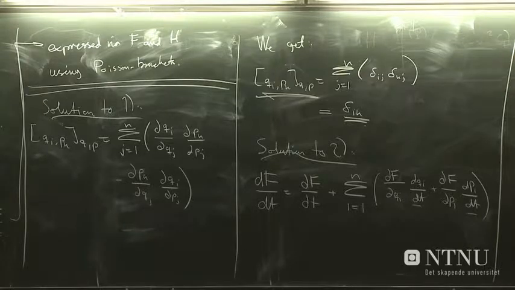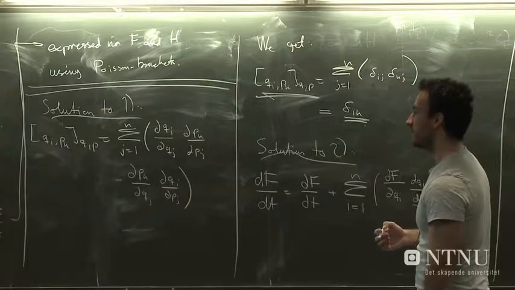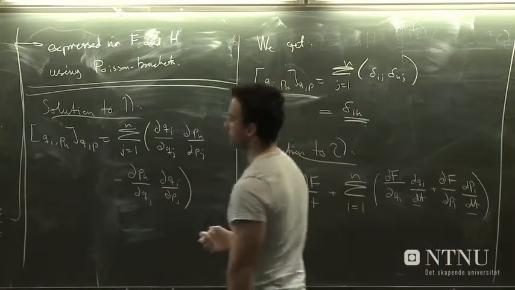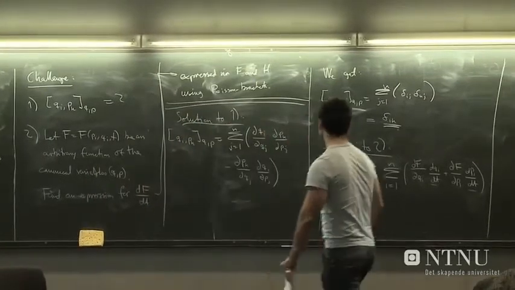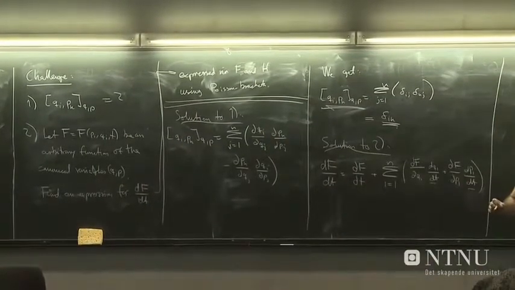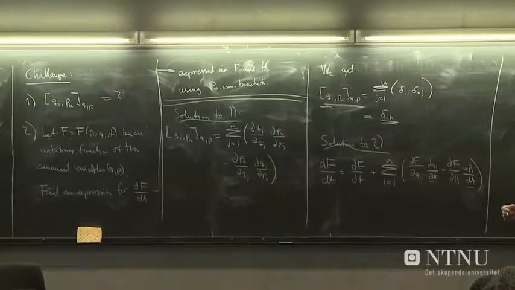And what do we then state about these coordinates? What's the condition on the coordinates? If we read the problem text, f is an arbitrary function of the canonical variables. That's the key word. Since q and p are canonical variables, we know that they satisfy Hamilton's equations.